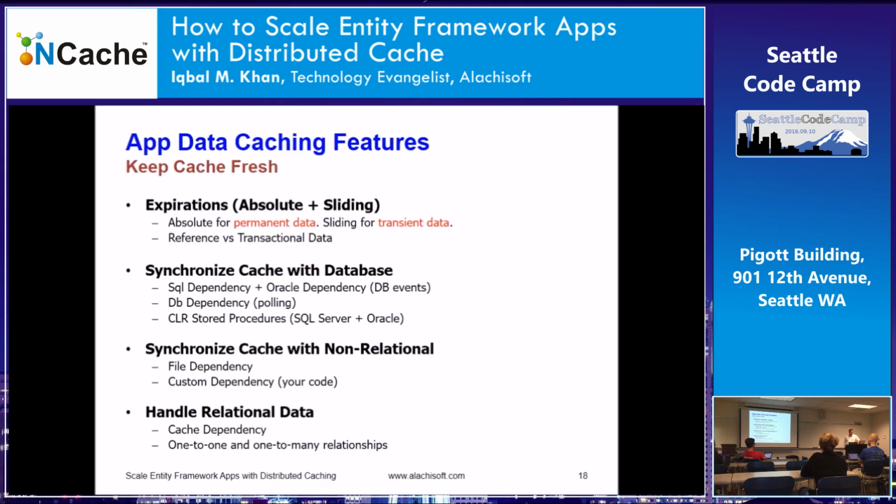What do you do in a CLR stored procedure? In case of NCache, for example, you could actually make NCache calls from within a CLR procedure. What that means is that you don't create a dependency for those millions of items in the cache, for millions of rows in the database. You actually create a CLR procedure that is called when the trigger is kicked in, and it calls the CLR procedure to go and update the cache.